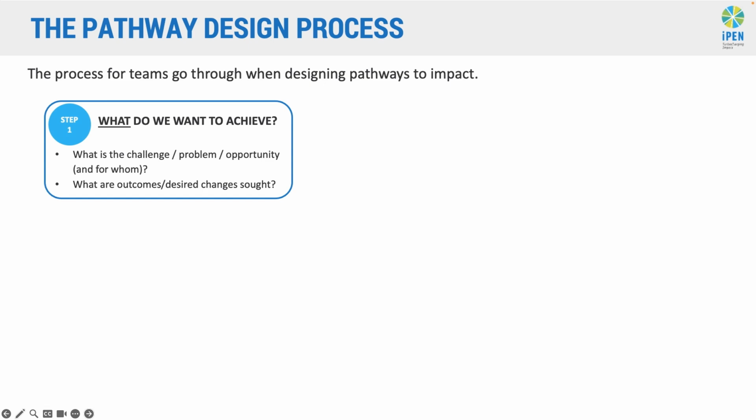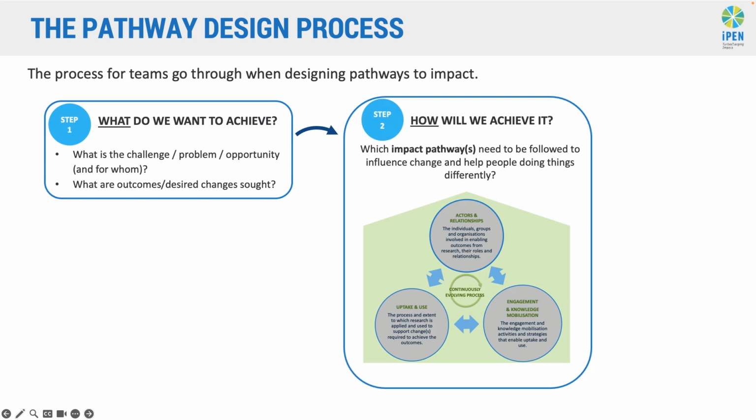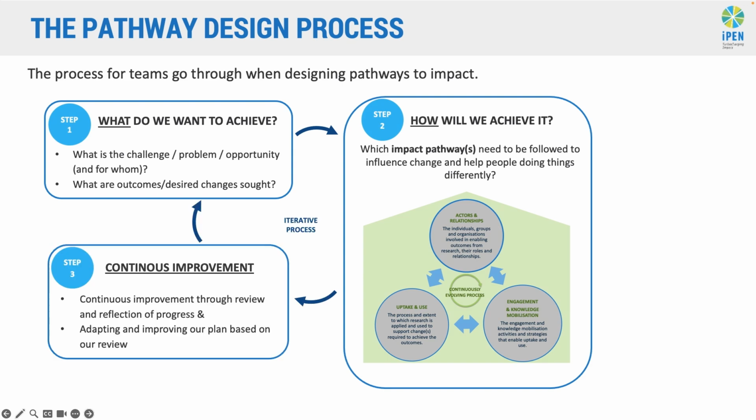But that big next step is diving into the how, the who and the how. So which impact pathways are we going to need to follow to influence change and to help people do things differently? And here you'll see that we've unpacked 3 separate things in this how piece, and that this is all going to be supported through a process of continuous improvement.